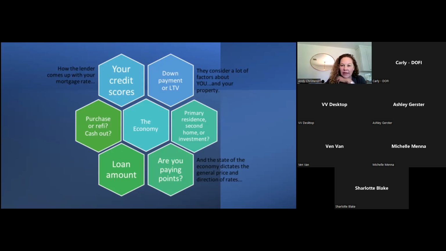Or how come it looks a lot different than what I saw online. So really important, I think, to let them know that it's very individualized on what somebody qualifies for. It's very much based on the entire picture. Does anybody have any questions so far?